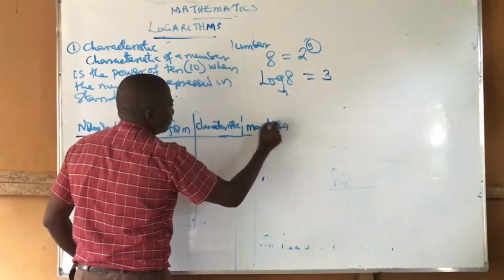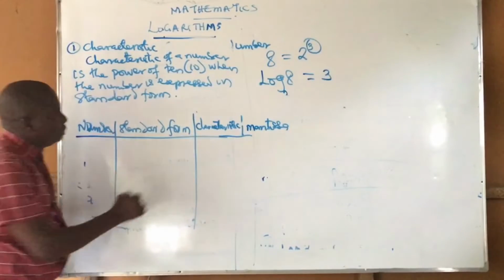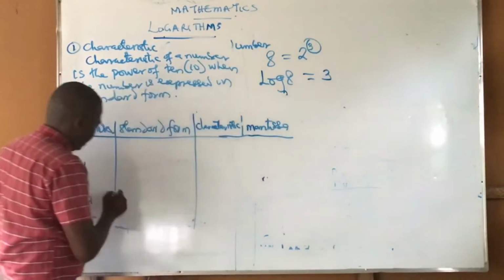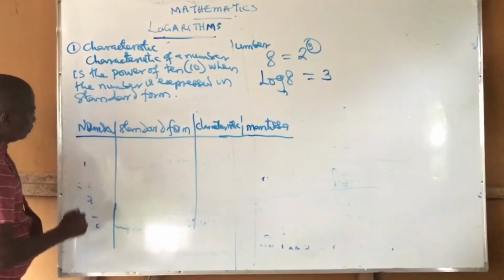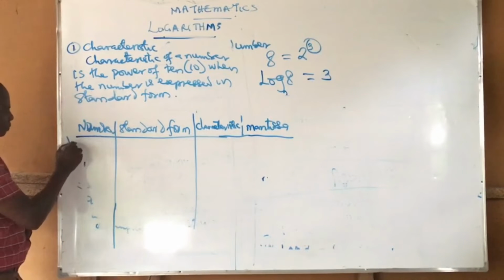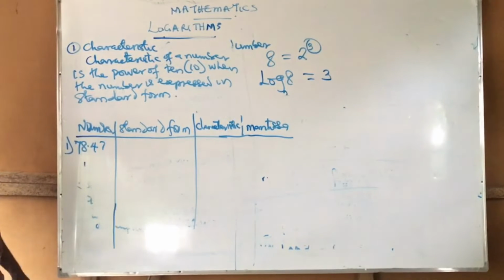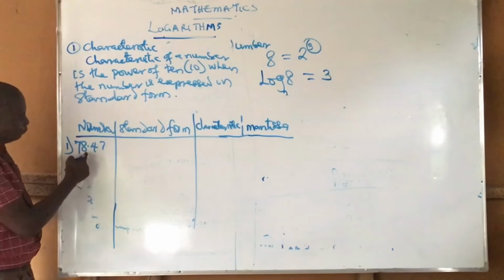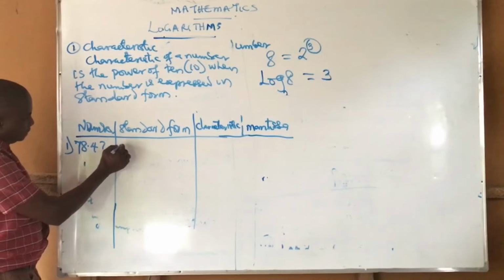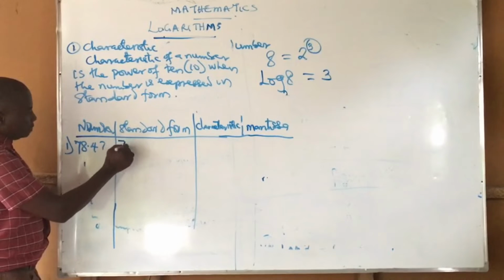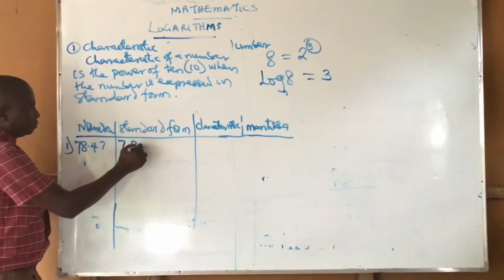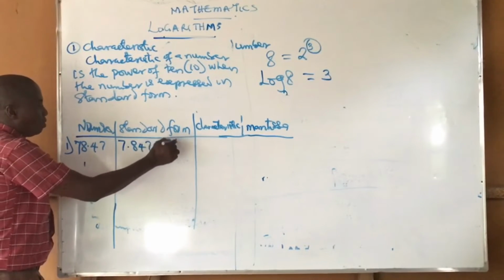Mantissa. How do we check this? Number 1, 78.47. We want to see how we determine the characteristics. 78.47 means that we write in standard form first, times 10 raised to power 1.